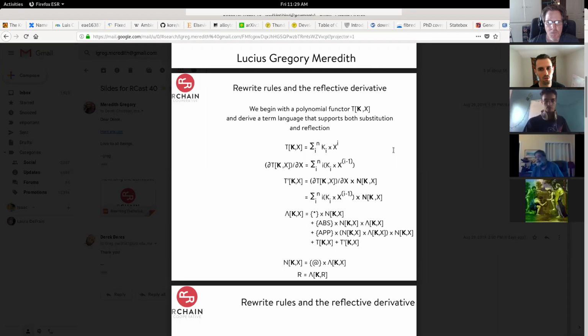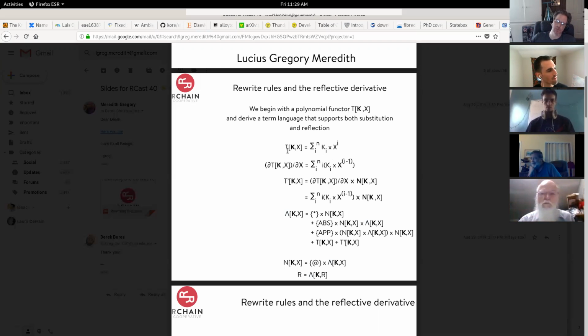I thought it related to the change of the functor. Yeah, I'm not sure what that means, but yeah, definitely. Well, I mean, that's what a derivative means in calculus, right?